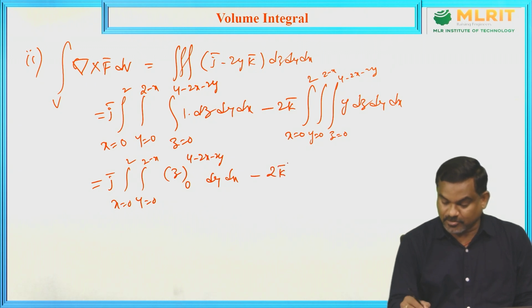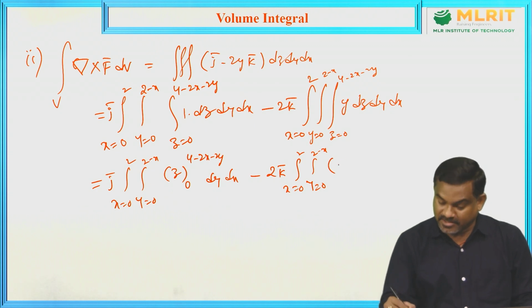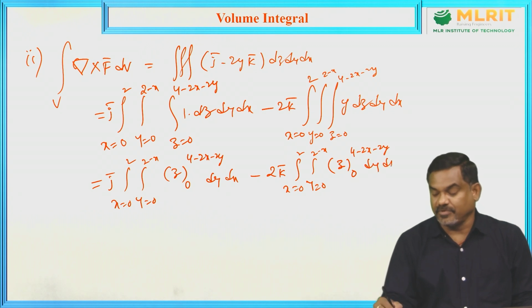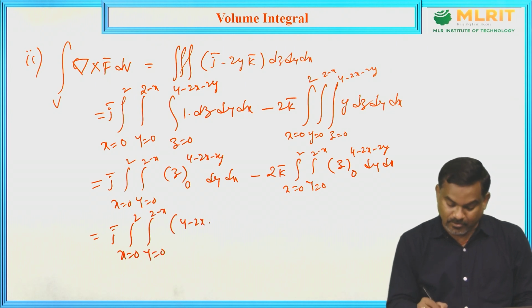Similarly here, minus 2k bar into x from 0 to 2, y from 0 to 2 minus x, and integral dz is z, so from 0, since y is constant, here we treat y as constant. So that's the main point. And now applying the limits, x from 0 to 2, y from 0 to 2 minus x, 4 minus 2x minus 2y.